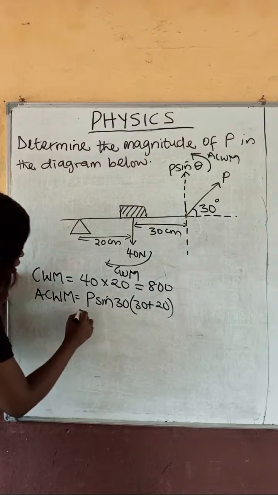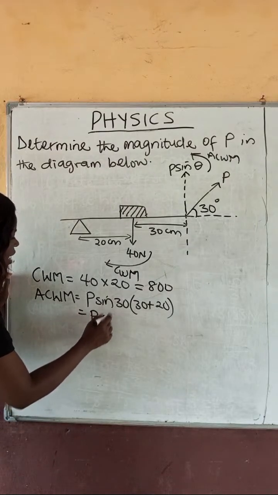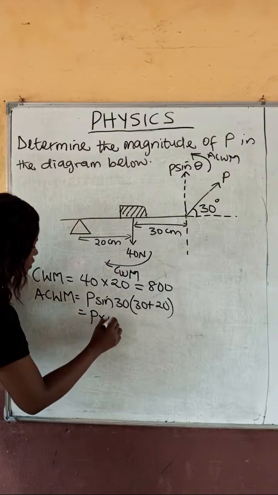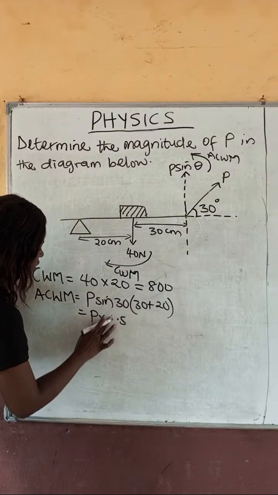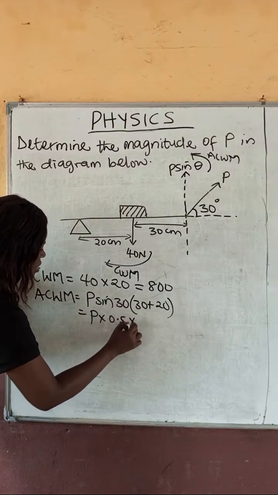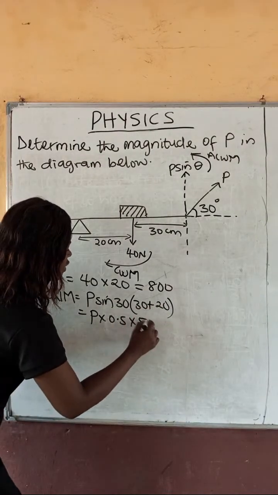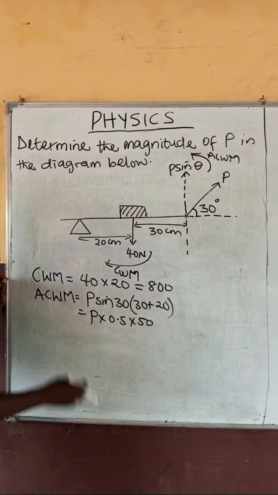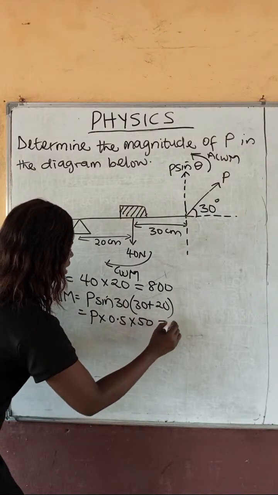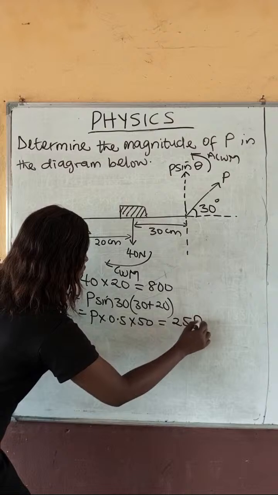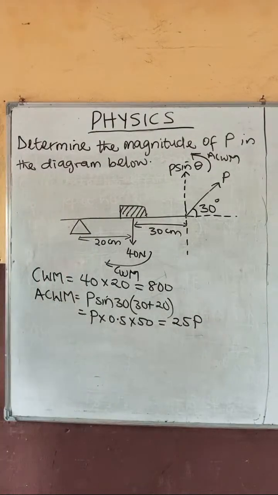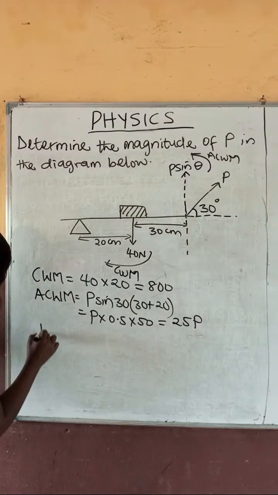So this is P, sine 30 is 0.5, times 30 plus 20 is going to give me 50. By the time you multiply out, you are going to get 25P.